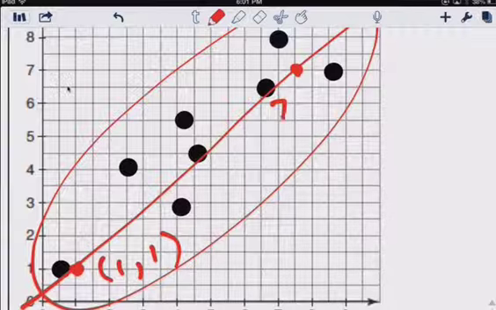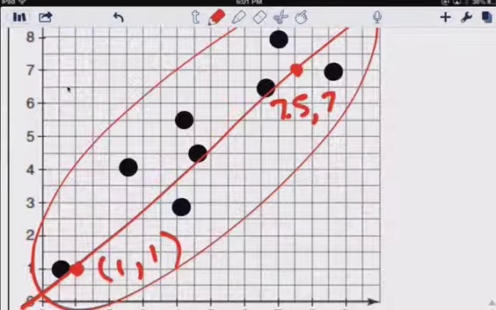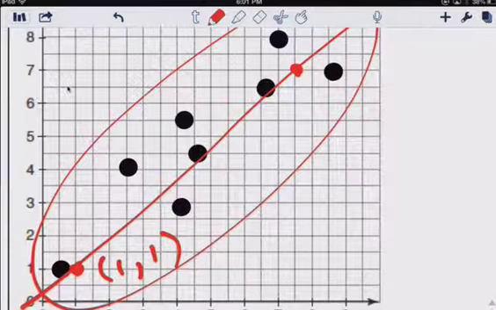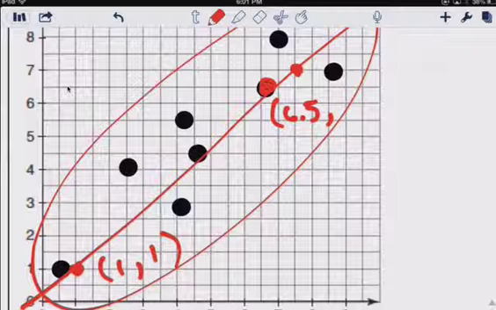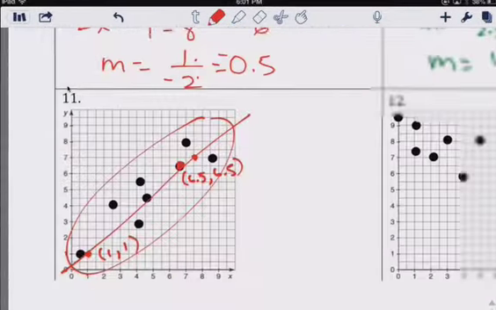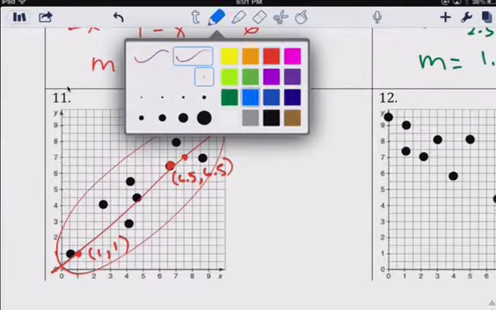That's 7.5 and 7. Oh. Now, might as well use the other one then. Okay, any point, I'll choose this one, (6.5, 6.5). Okay, can't avoid the decimals.